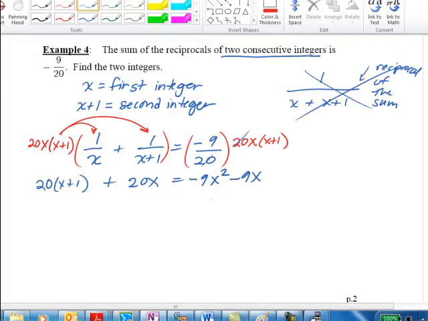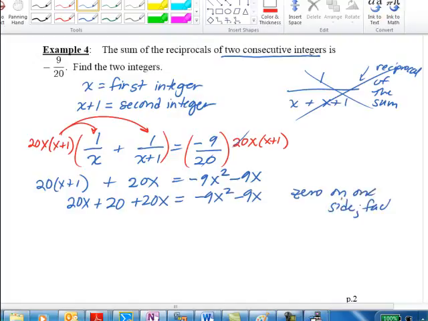And I can see this is going to be quadratic, so I need to expand everything and get a 0 on one side and try to factor. So 20x plus 20 plus another 20x. So 0 on one side and then factor.